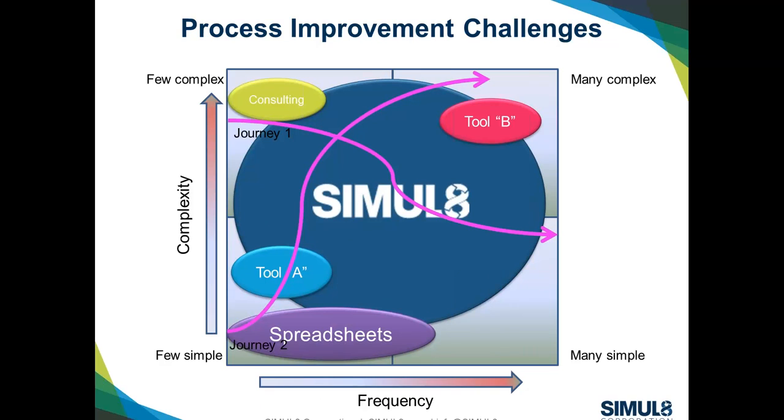Because what I've seen with folks who use SIMUL8 is they're able to move from one area to another within this matrix, if you will, and they're able to use SIMUL8 from the beginning, when they start importing data from their spreadsheets, up until they're solving many complex problems. And I'll talk about why that is in the following slides here.